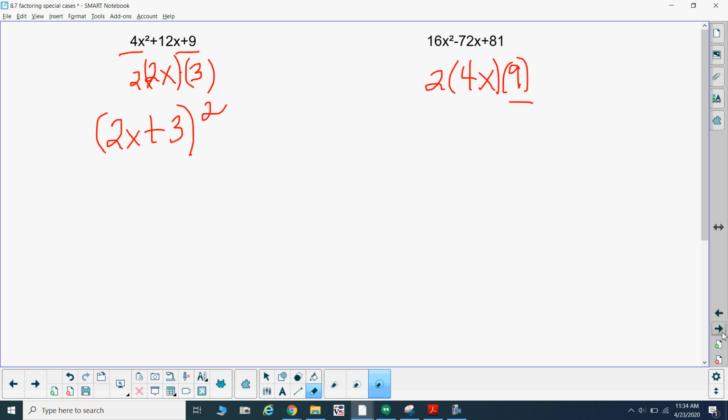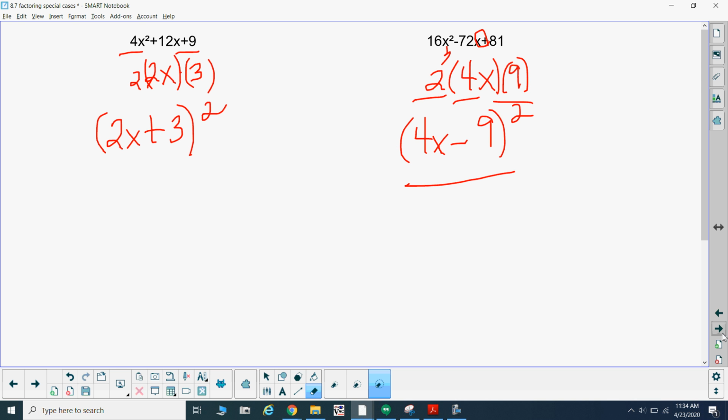And 9 times 4 is 36 times 2 is 72, so that is right. Both signs are the same. They're both negative. So I start with the square root of the first thing minus the square root of the last thing. So this quantity squared would be my answer.